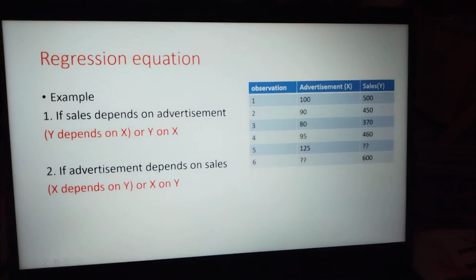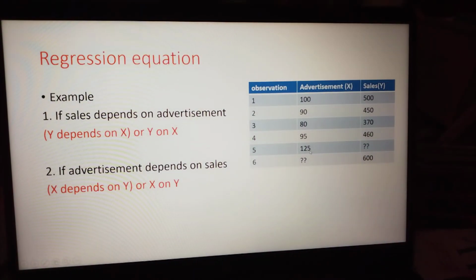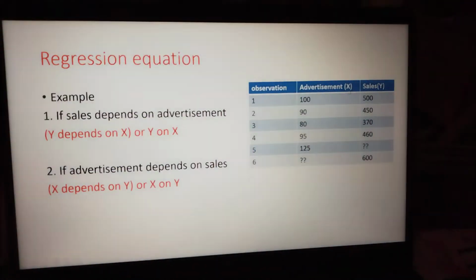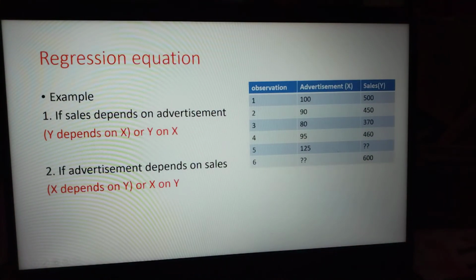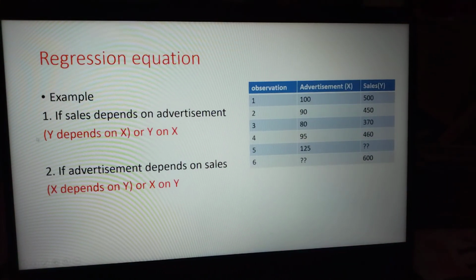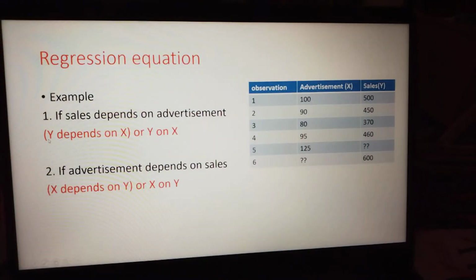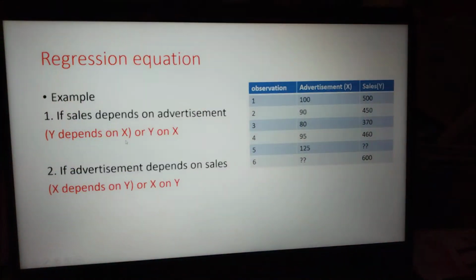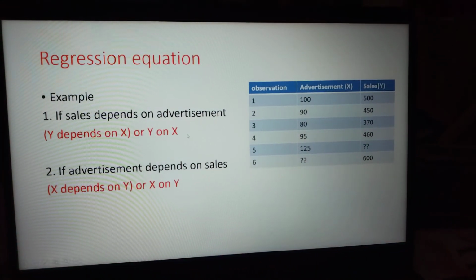Here y is the sales, and sales is going to depend on advertisement, which is x. So if we are going to predict that relation, we have to find the equation of y depends on x, or y on x. This is the first line of regression equation.